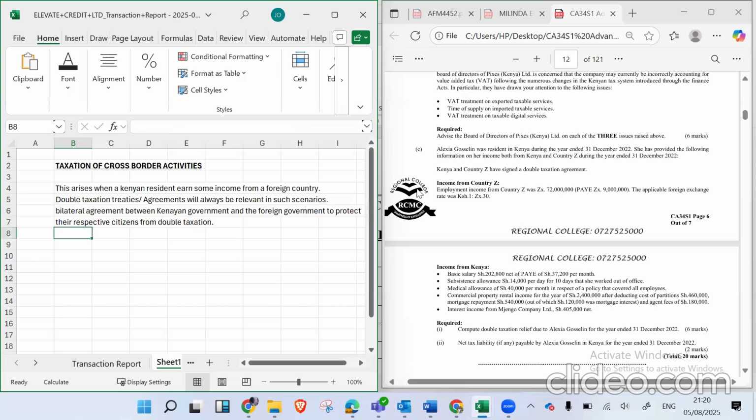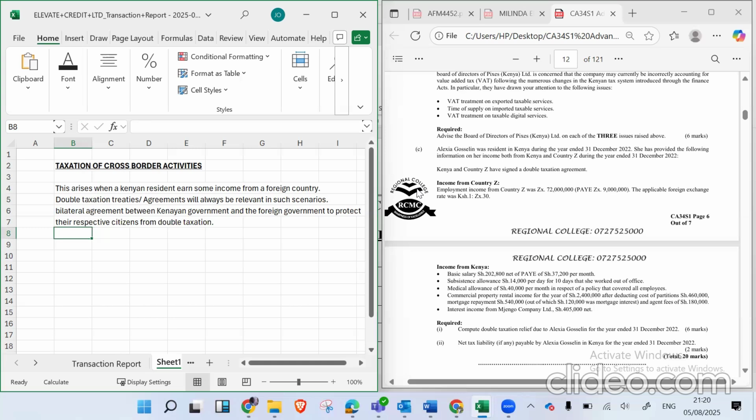Next point, a double taxation relief would be granted under three conditions.